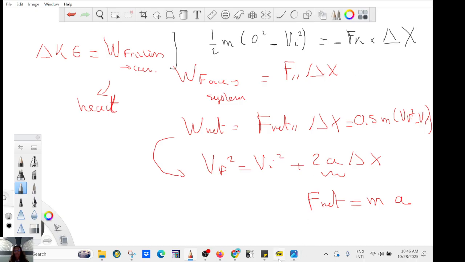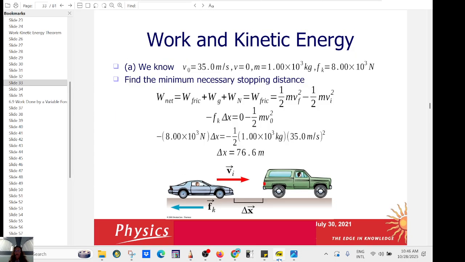So you apply the same equation here. Okay, so that's what they did here. The work done by friction, the force of friction times the displacement, equals the change in kinetic energy.